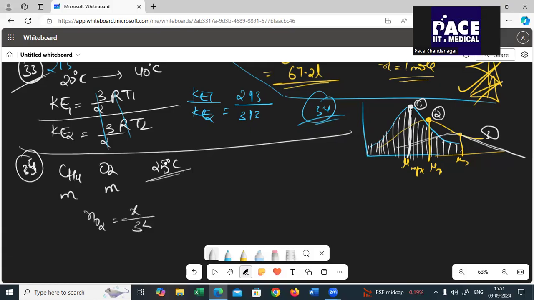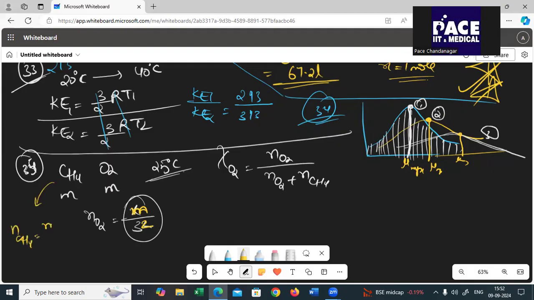And xi of oxygen is the number of moles of oxygen by the number of moles of oxygen plus the number of moles of CH4. The number of moles of CH4 is given mass by molar mass, here 16.